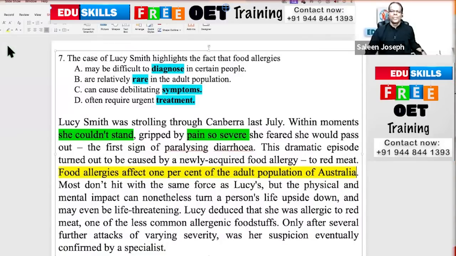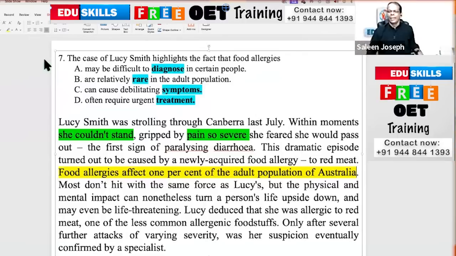Now, option B says food allergies are relatively rare in the adult population in India, in Africa, in America, in England, in Germany, in Nigeria, in Pakistan, in New Zealand. It's a general statement. It doesn't say where. Are relatively rare in the adult population means the whole world, right?